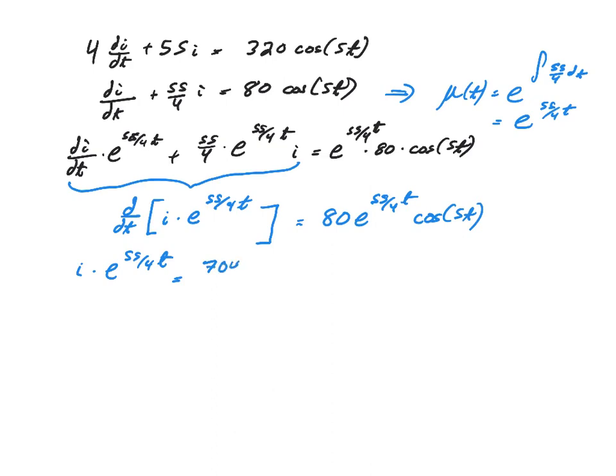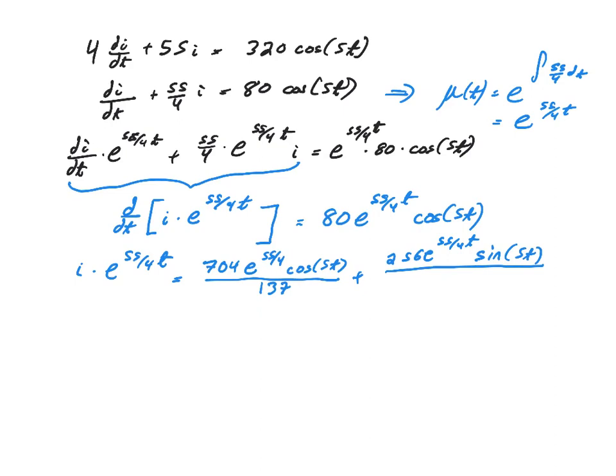So it's 704 times e to the 55 over 4t cosine of 5t divided by 137, plus now I'm going to have 256 e to the 55 over 4t sine of 5t, all divided by 137, plus c.